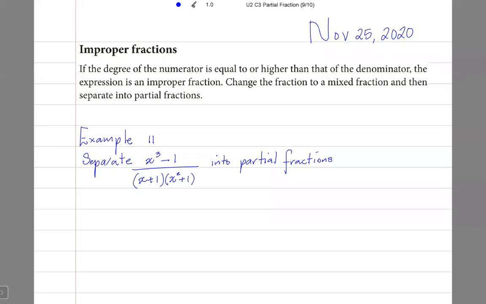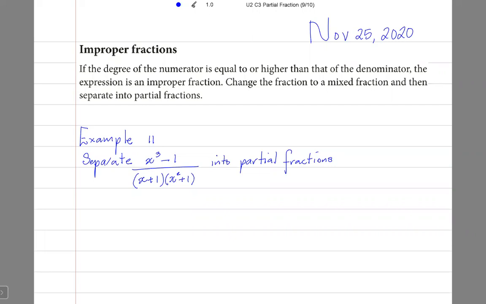All right, so November 25th, 2020. This says if the degree, sorry, we're looking at improper fractions. So far, all of the questions we have done have been proper fractions.